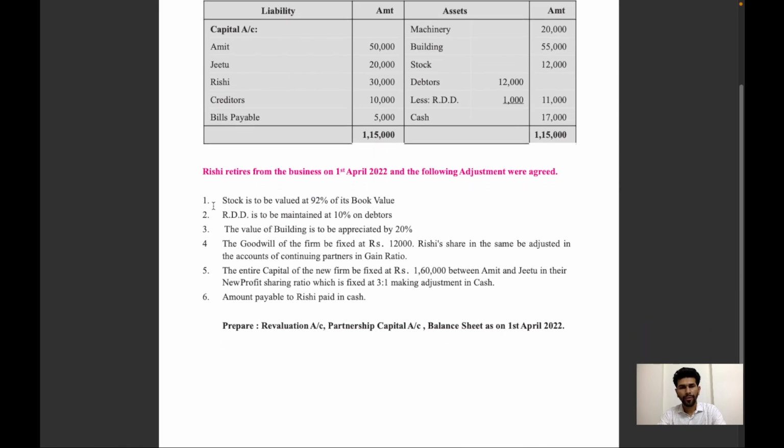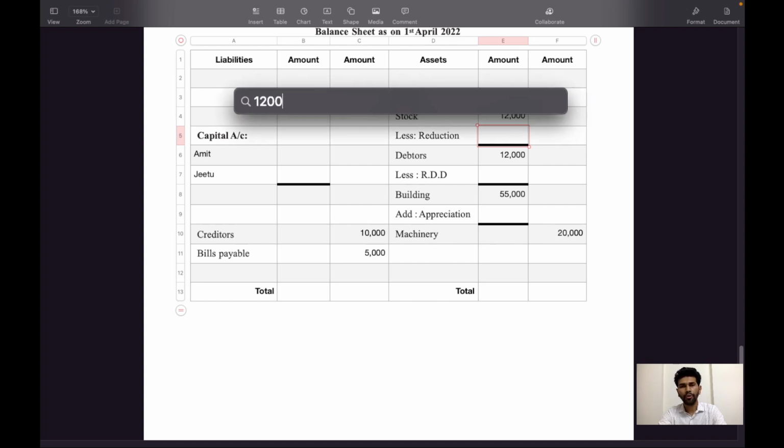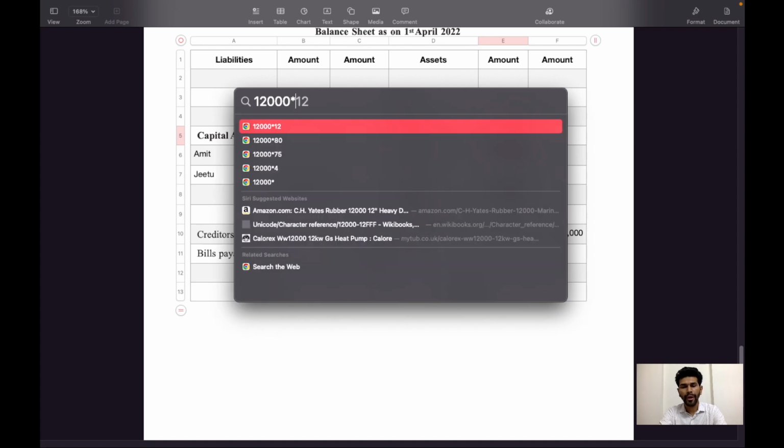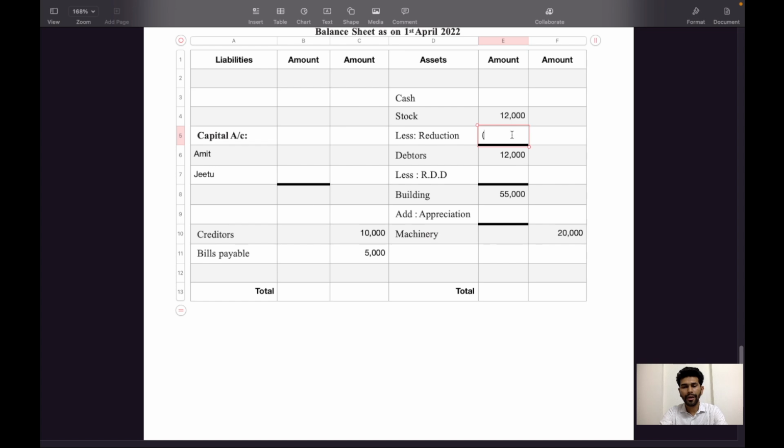Now adjustment number 1, stock is to be valued at 92% of its book value. So we have to reduce stock by 8%. 12,000 into 8%, 960 rupees will be deducted from stock and the balancing figure of 11,040 rupees will be in the outer column.